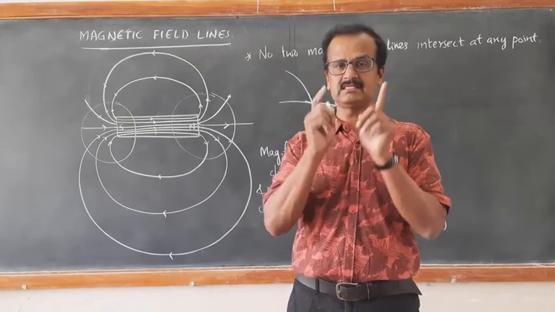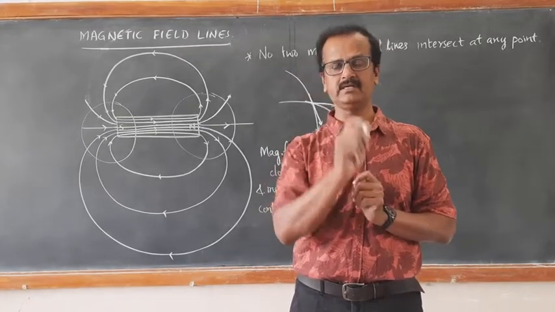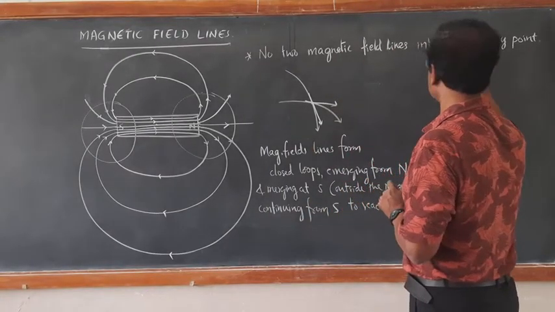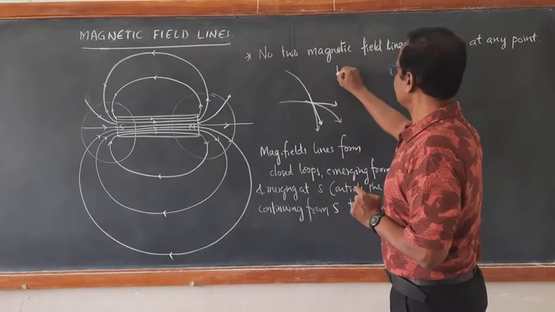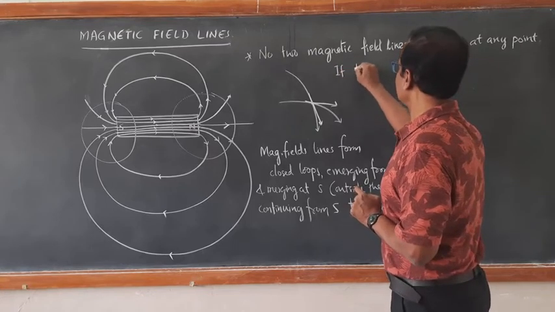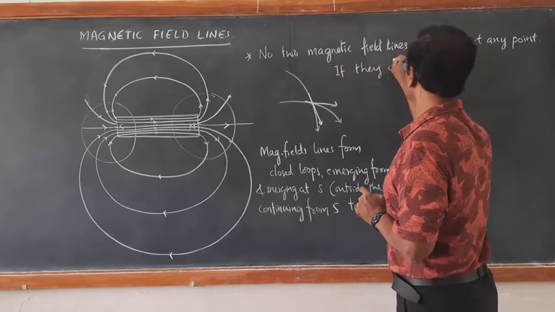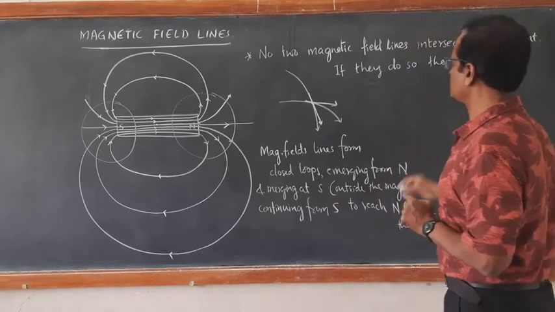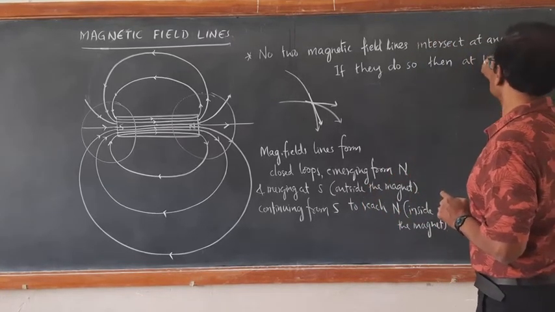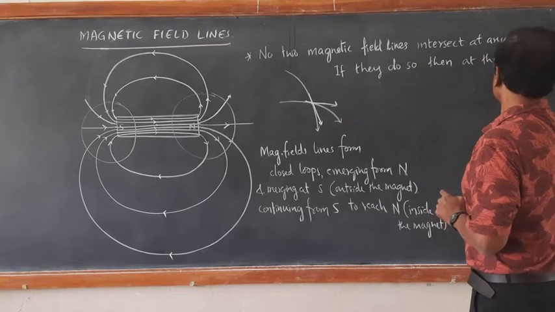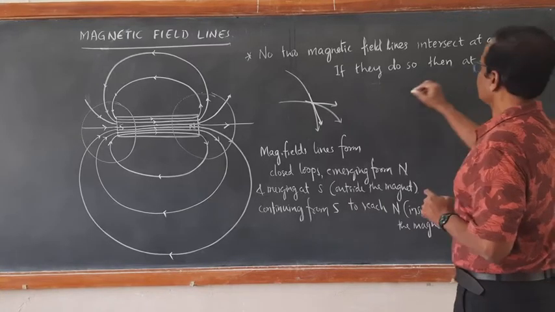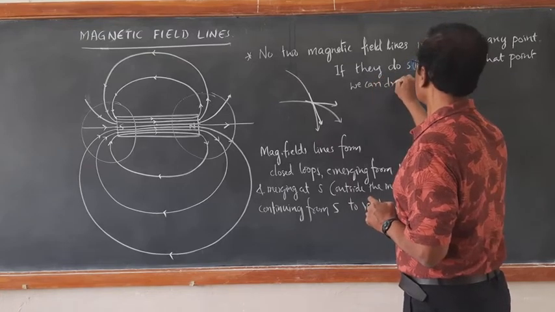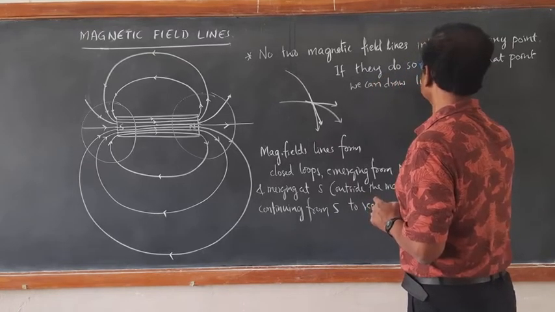Magnetic field has a single direction at a given point. Therefore, no two magnetic field lines intersect at any point. If they do so, then at that point we can draw two tangents.